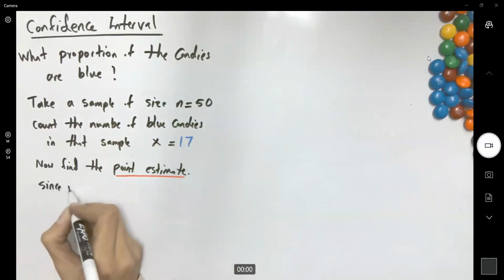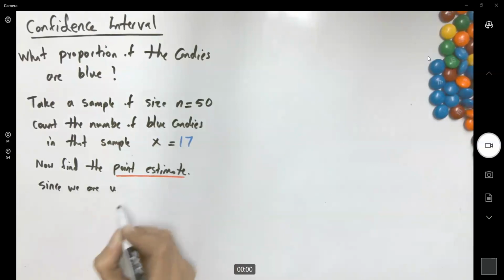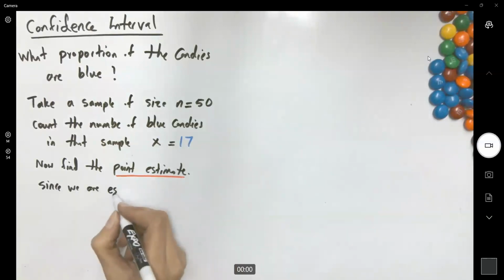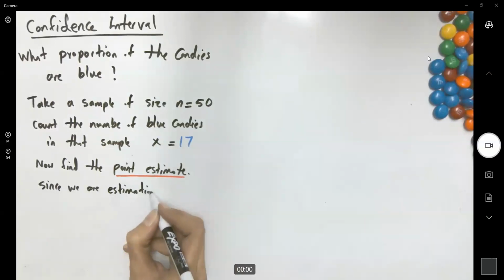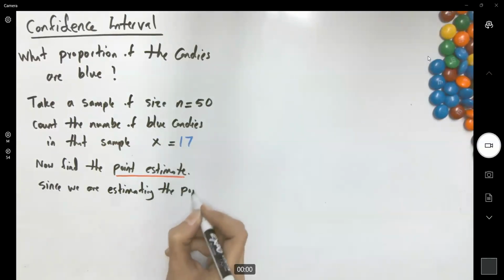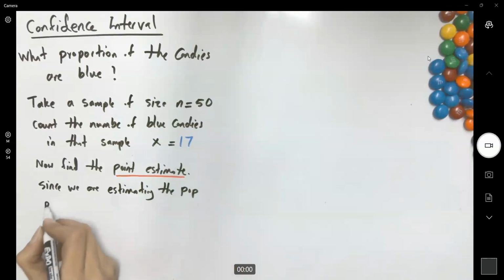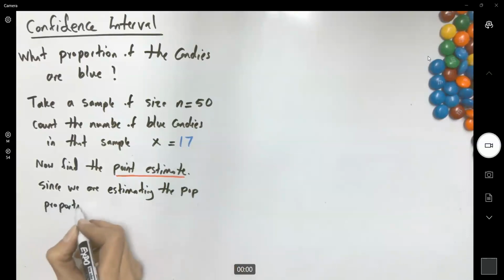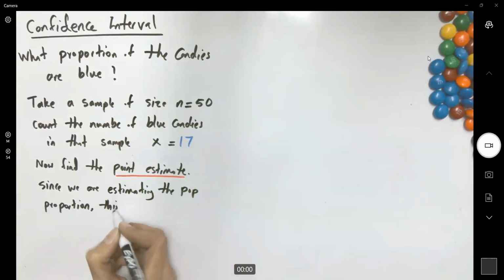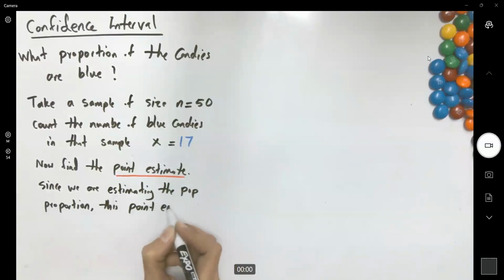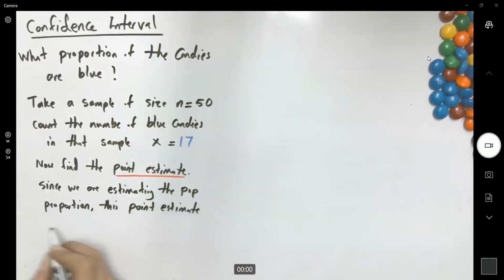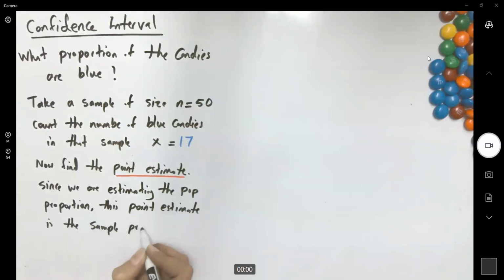Since we are estimating the population proportion, this point estimate is the sample proportion. Okay, very well. Proportion.